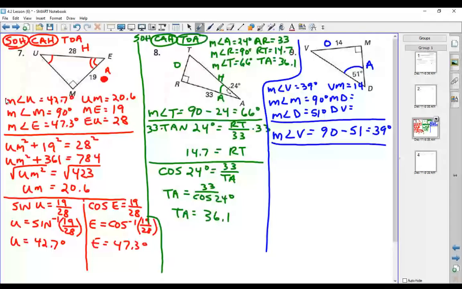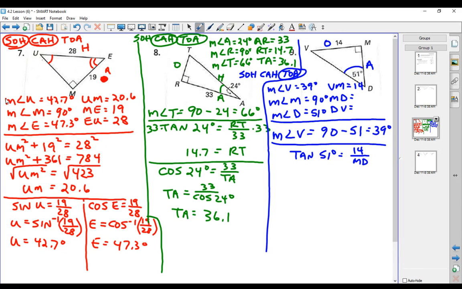So if I do SOHCAHTOA, opposite and adjacent is tangent. So I'm going to use the tangent there. Tangent of 51 degrees is equal to the opposite side, which is 14, over the adjacent side, which is MD.